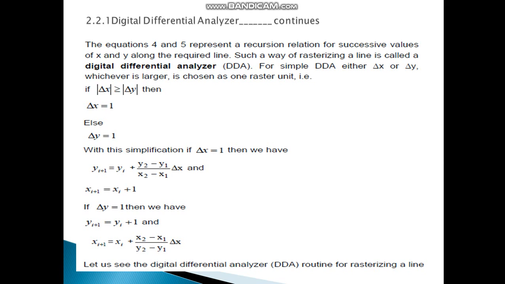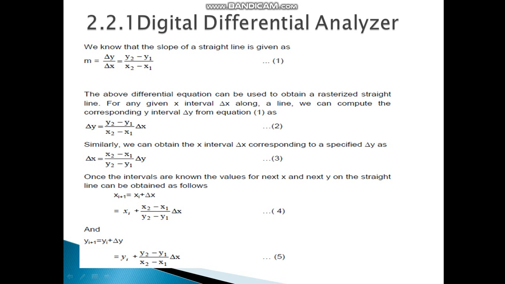To solve this equation, y2 is equal to m plus y1, means the next point is equal to previous point plus m. m is nothing but y2 minus y1 upon x2 minus x1 into delta x. Here m is nothing but delta y upon delta x, that is we find out the delta y.